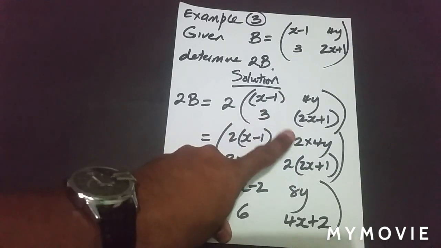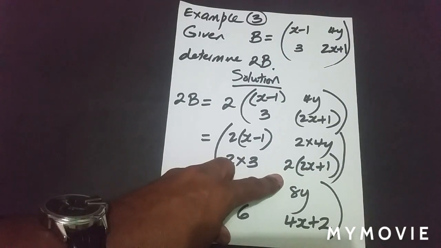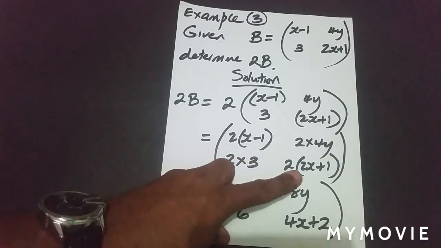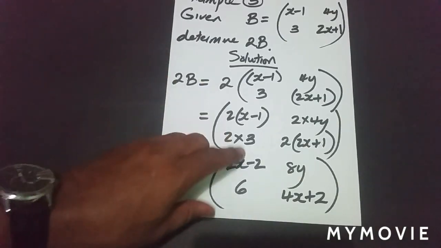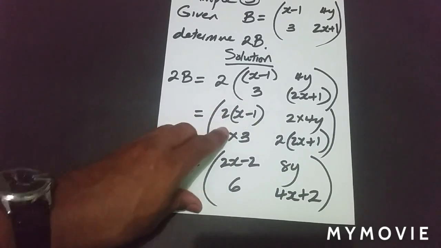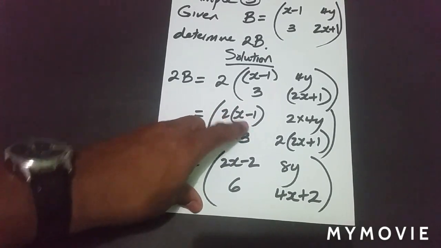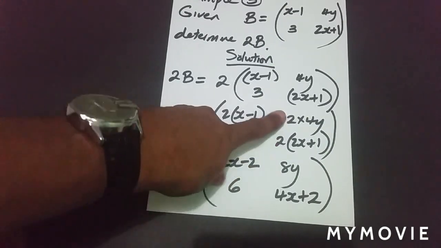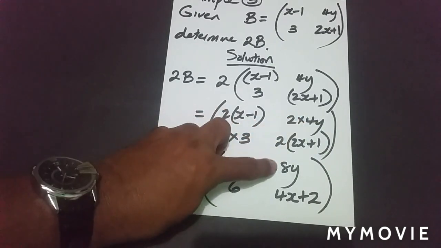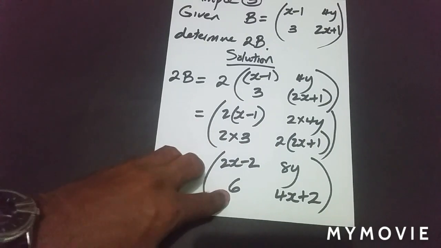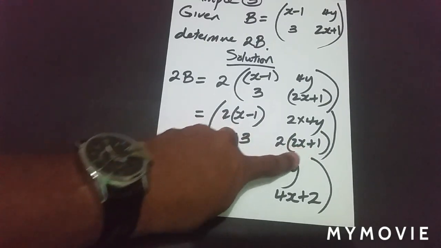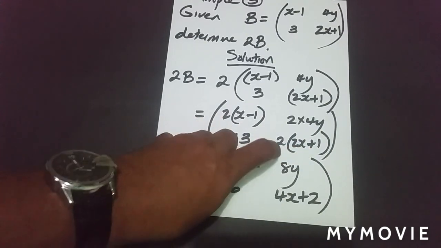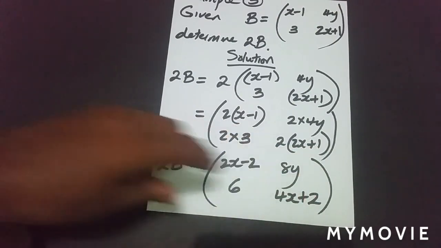So put them in brackets immediately, so that you don't make any mistakes and lose any marks. When you have the brackets, it's straight up expansion. 2 open bracket x minus 1 will result in 2x minus 2. Obviously, 2 times 4y is 8y, 2 times 3 is 6, and here's another case of expansion. 2 times 2x is 4x, and 2 times positive 1 is 2.